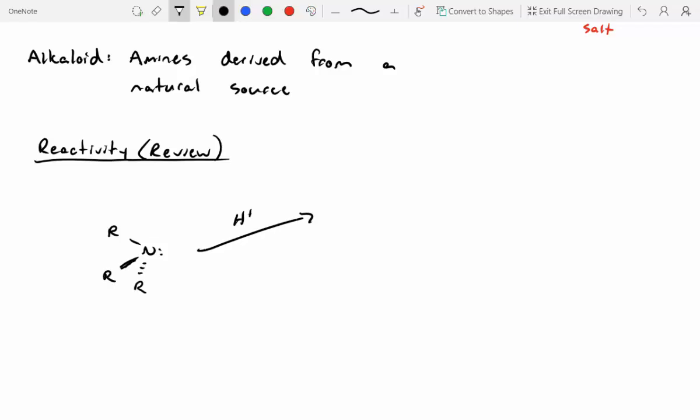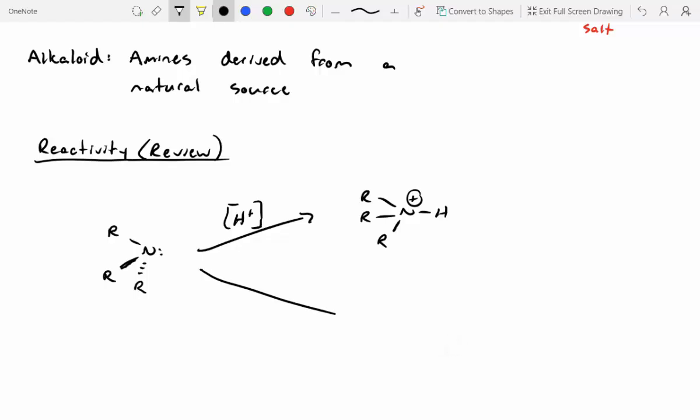So if we treat this with an acid source, all we're going to do is protonate our amine. We know amines aren't very good acids, but they're relatively good bases. And when you do this, you form your ammonium salt, whether or not that's a primary, secondary, or tertiary amine.